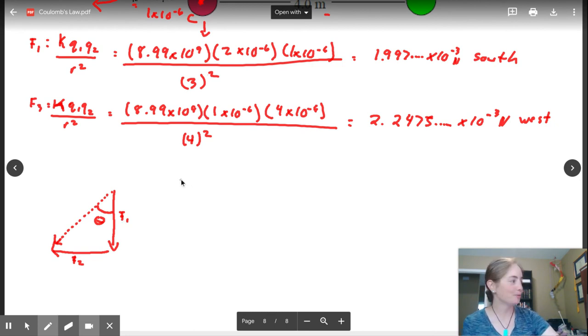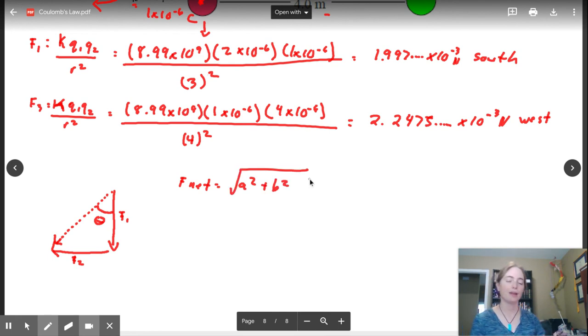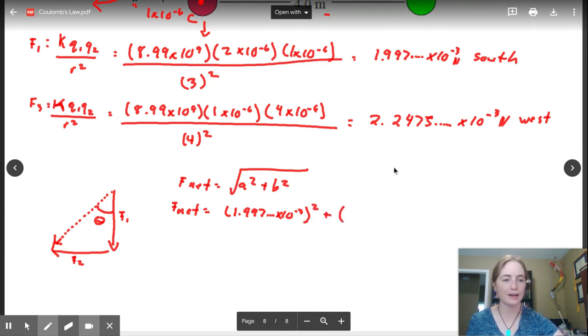So we're going to call it our F net as your a squared plus b squared, square root. I just rearranged Pythagoras. Okay, so F1 is going to be this guy. And so your 1.997 times 10 to the power of negative 3, using all those digits in your calculator. Square that.